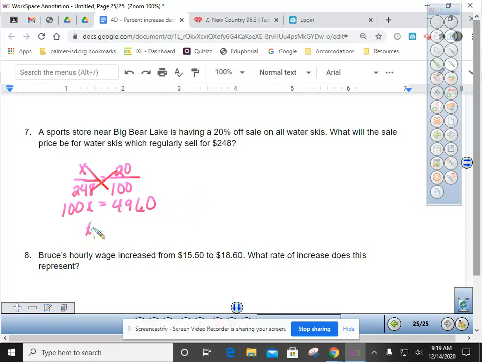So we get x equals 49.6. Now how do we find the new price?